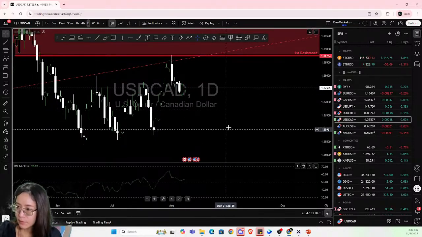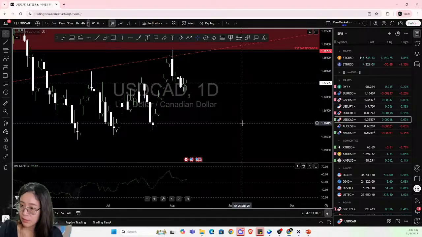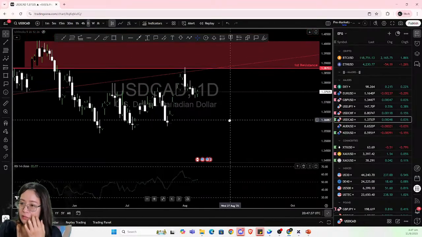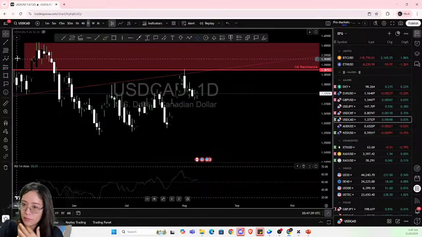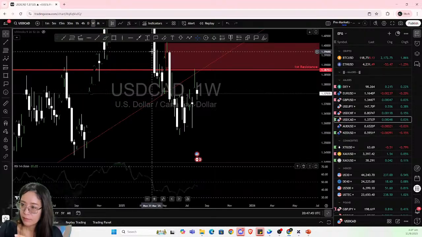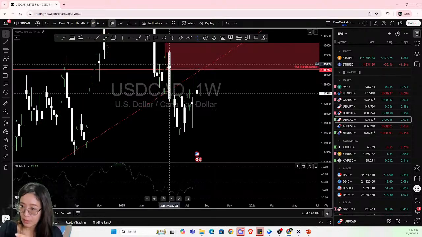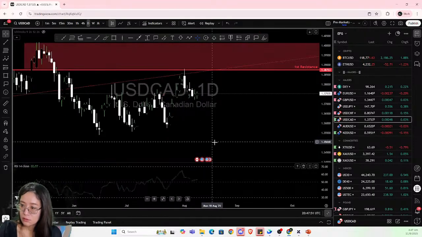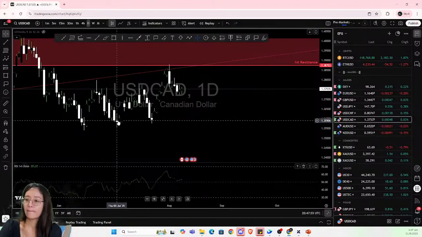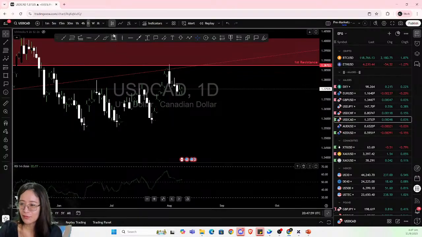So let me find the time frame. What I can see here, since price came from the weekly supply, the next zone I can see, I need to look far away for the level.